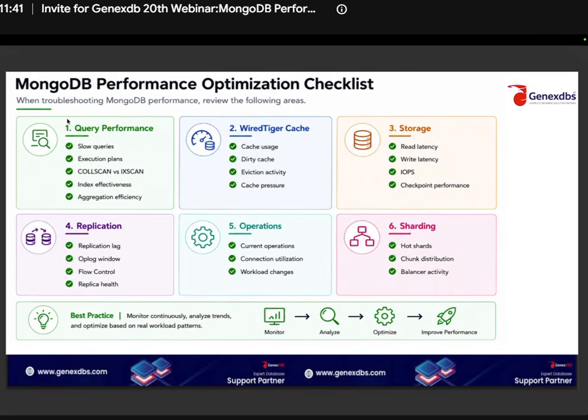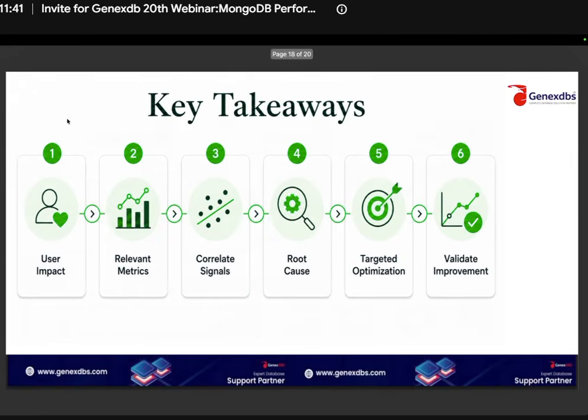And in sharding metrics, we have to check hot shards, chunk distribution, balancer activity, jumbo chunks. So we have to monitor these areas continuously, analyze the trends, and optimize if there are any issues, and thereby improve MongoDB performance.